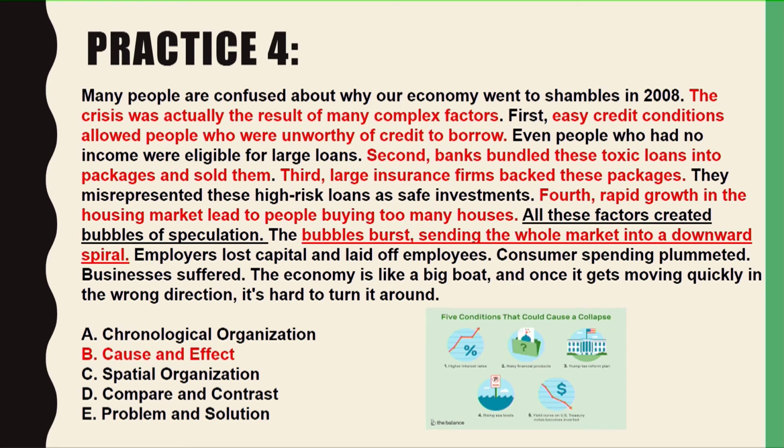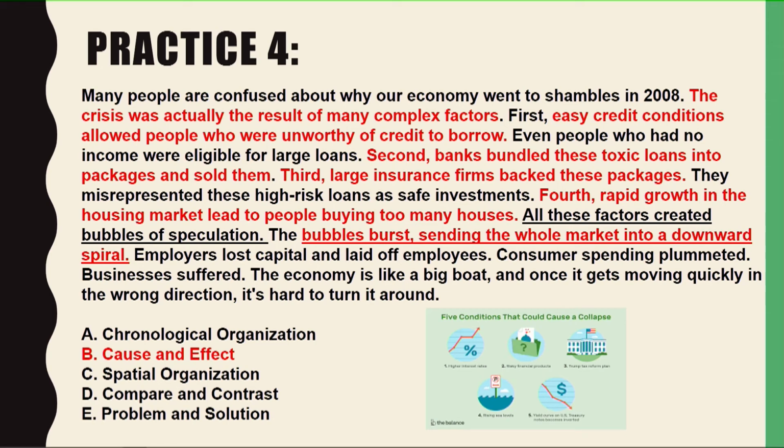Hopefully you said that it was cause and effect. So here we have an issue. The issue is that there was a crisis in our economy in 2008. Now, it says in the text that the crisis was actually the result of many complex factors. So these would all affect the situation. The first is that the easy credit conditions allowed people who were unworthy of credit to borrow. It also shows us the effect of banks bundling these toxic loans into packages and selling them.